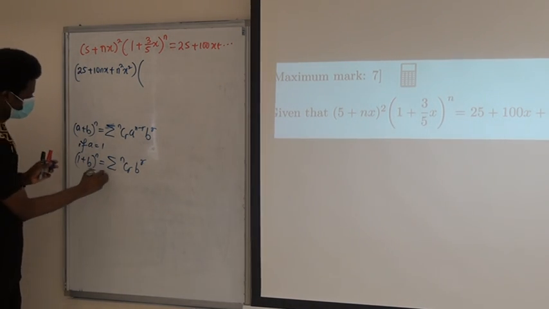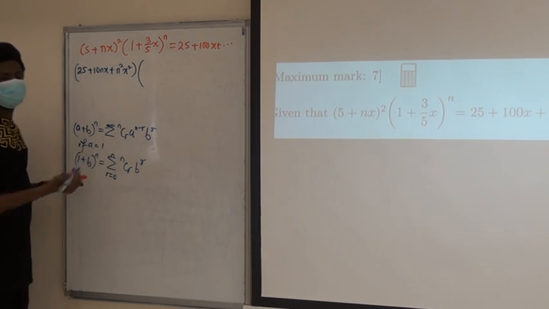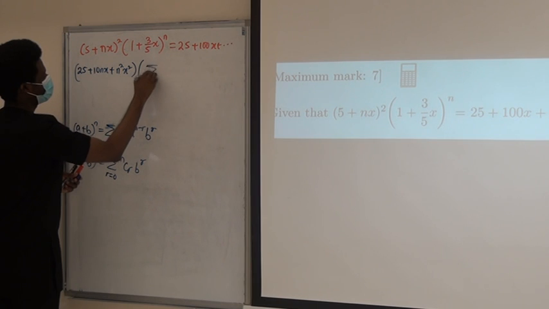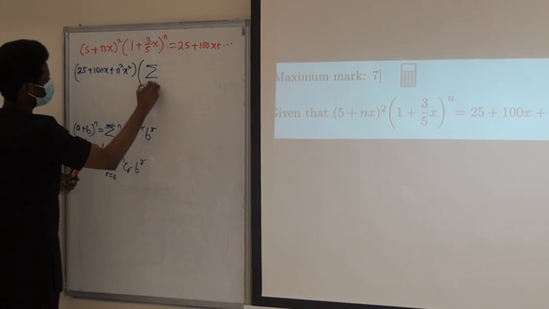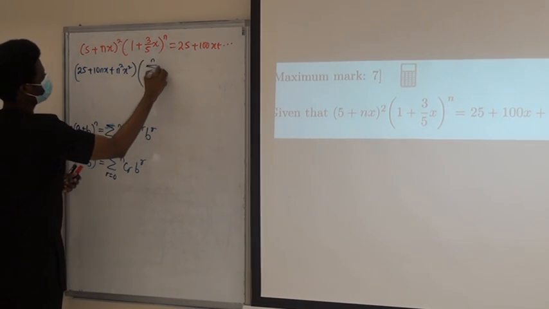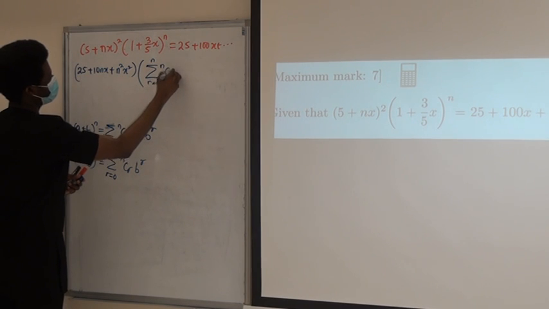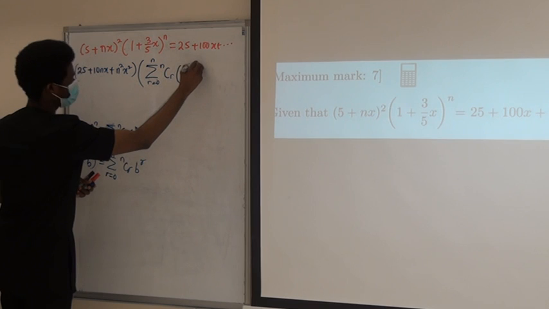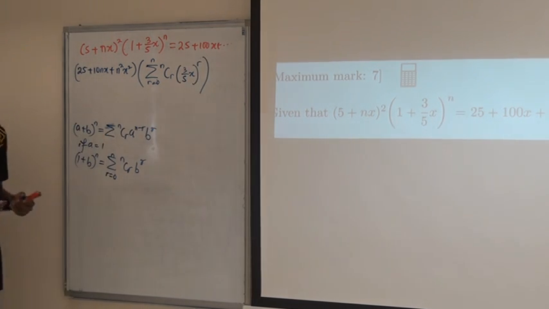Okay? And you only need r equal to 0 and r equal to 1. So basically this is simply summation r equals 0 to n of n combination r times 3 over 5x to the power r. Does that make sense?